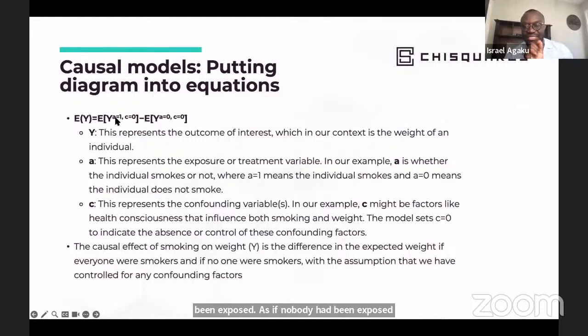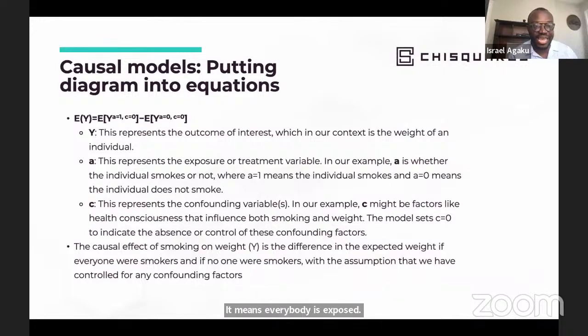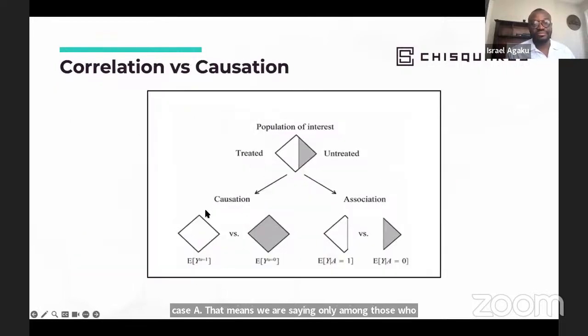When we use small letters, like small letter a equals 1, it means everybody is exposed. If we had used an uppercase A, that means we're saying only among those who were exposed. So let me go back to that figure. Here we use big case A, A equals 1, A equals 0, to tell us that this is what they were actually exposed to.